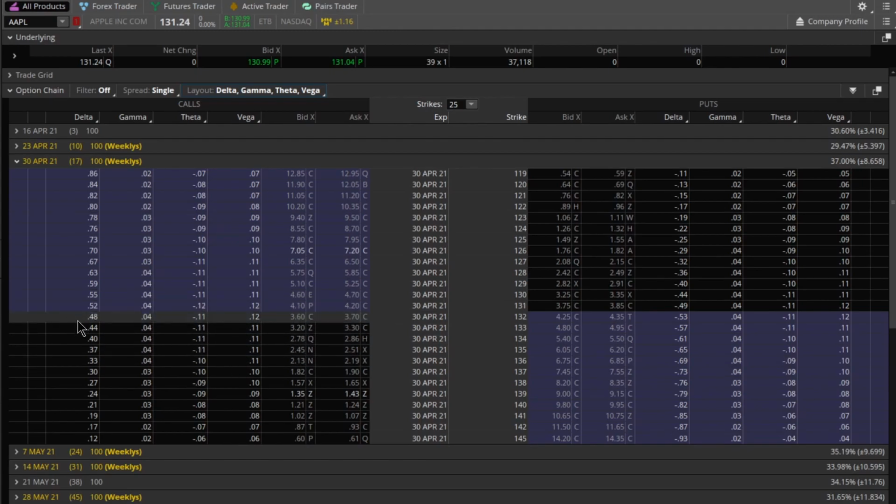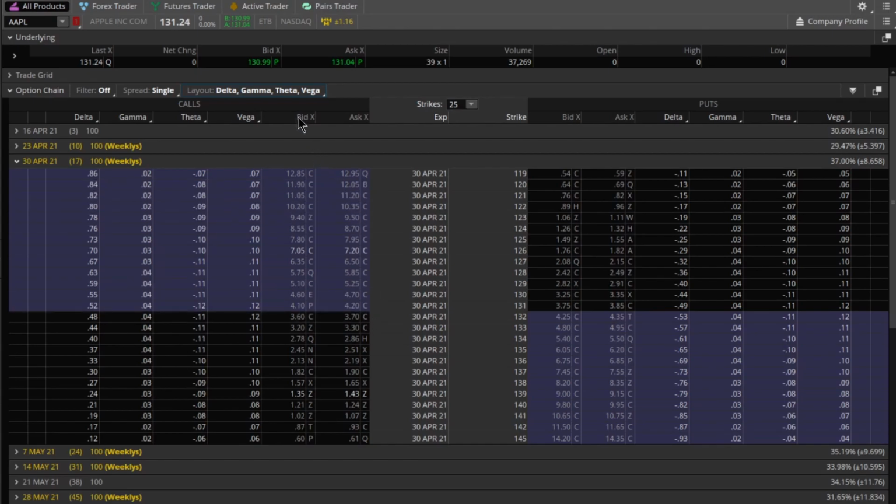Okay, so for delta, we see that the delta for this call is 0.48, and we know that delta represents how much your call option will increase for a $1 increase in the stock price. The bid and ask for this option is $3.60 and $3.70 respectively.